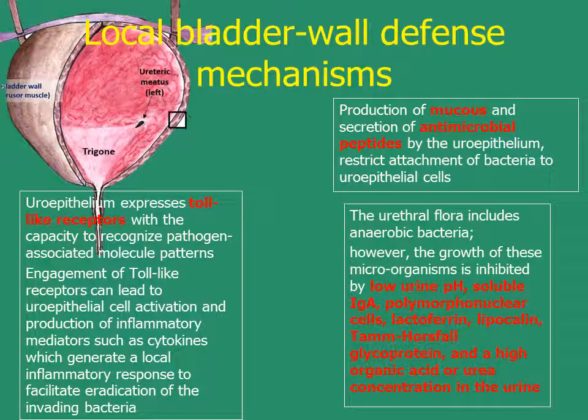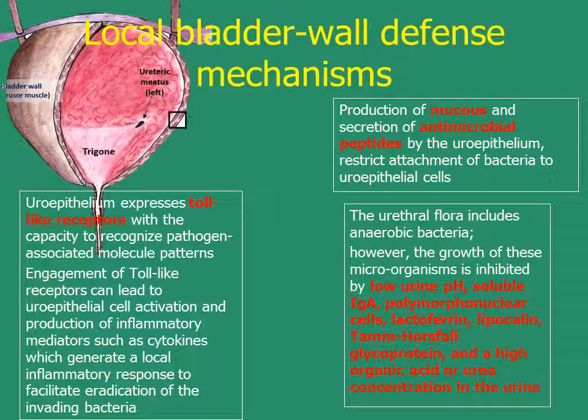Local bladder wall defense mechanisms, such as the production of mucus and secretion of antimicrobial peptides by the uroepithelium, restrict attachment of bacteria to uroepithelial cells. In addition, the uroepithelium expresses toll-like receptors with the capacity to recognize pathogen-associated molecular patterns.